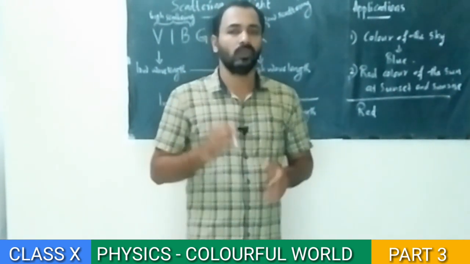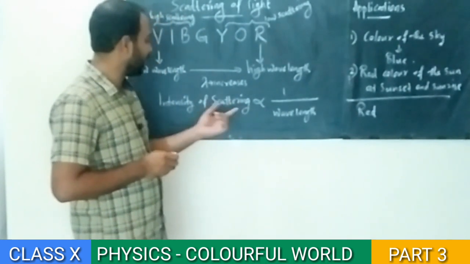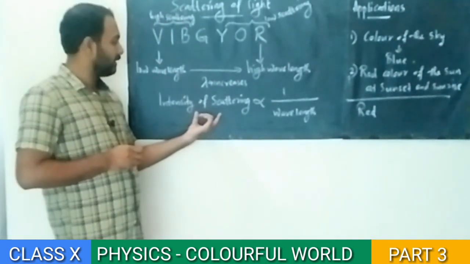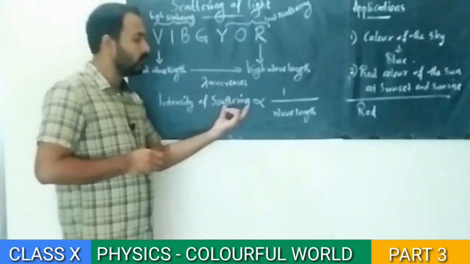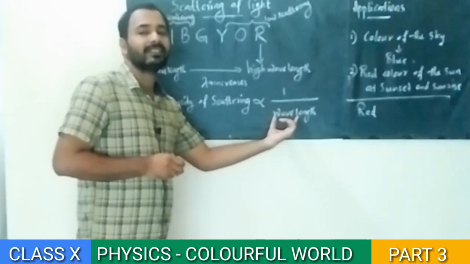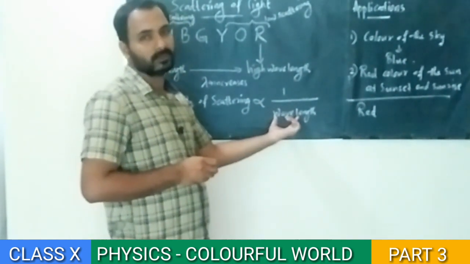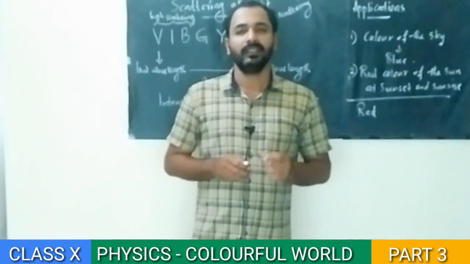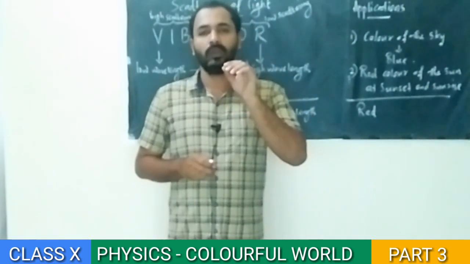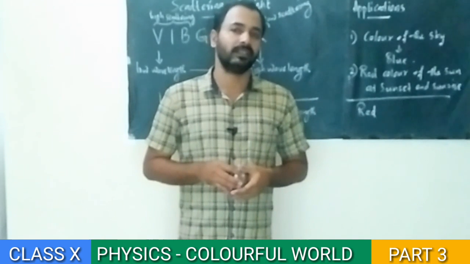Clear? So what is the relation between wavelength and scattering? The intensity of scattering is inversely proportional to its wavelength. Scattering of light also depends on the size of the particles.